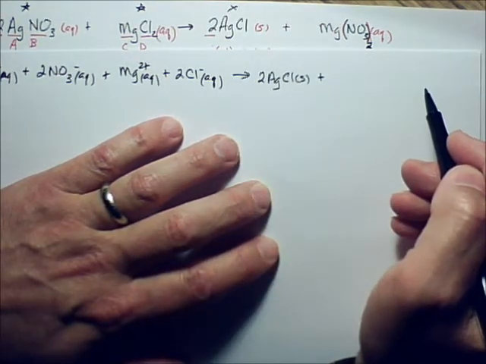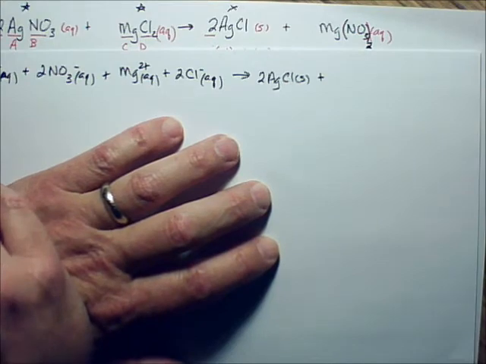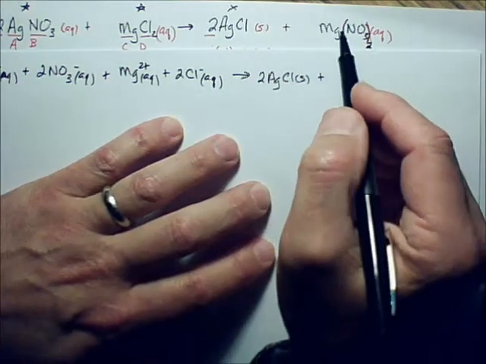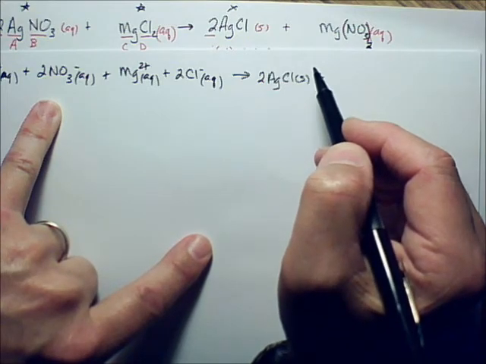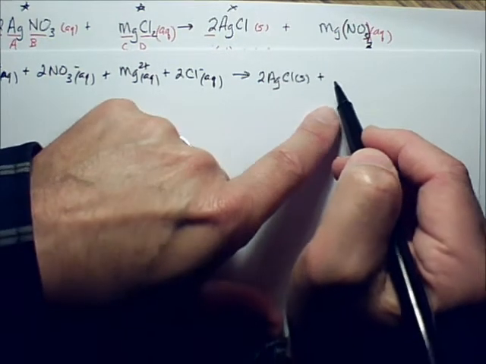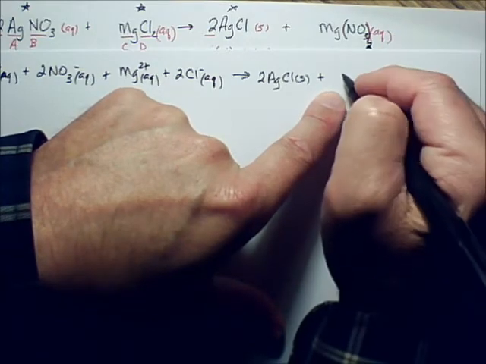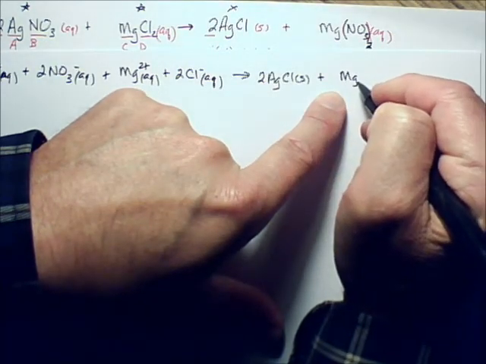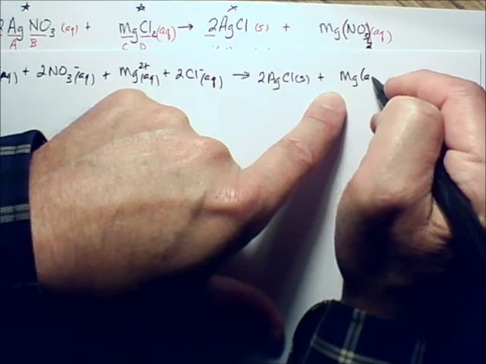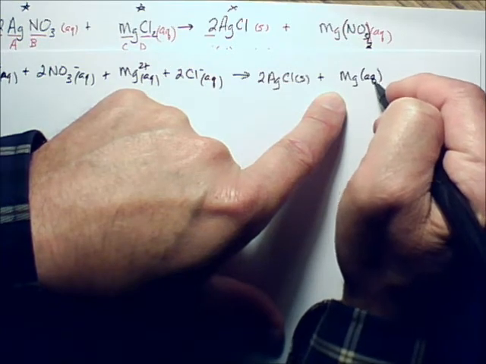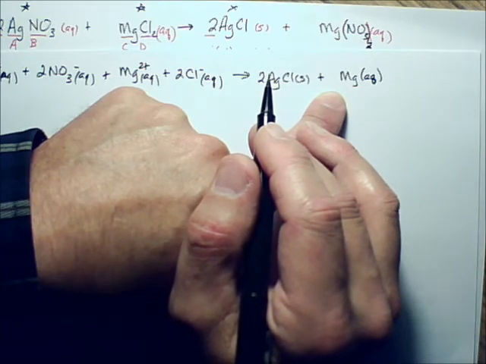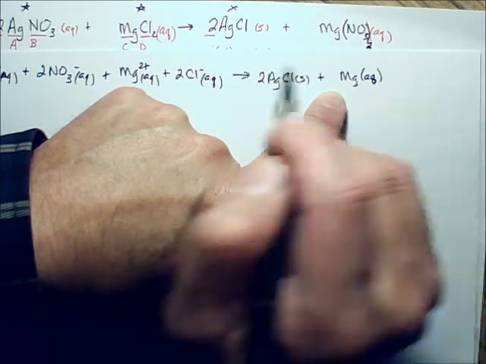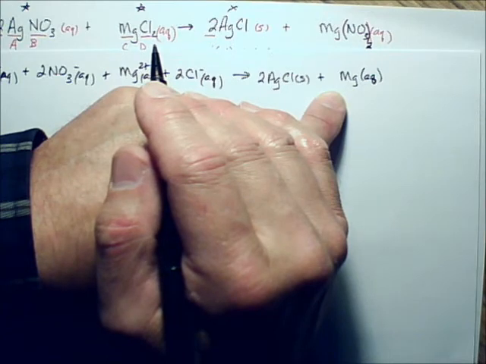This is the complete ionic equation I'm trying to write, and it's broken up. So you want me to put magnesium down here, and write aqueous next to it? Is there something else I need to do here? Put a 2? Why would I put a 2 there? Oh, the charge. It's 2 plus.